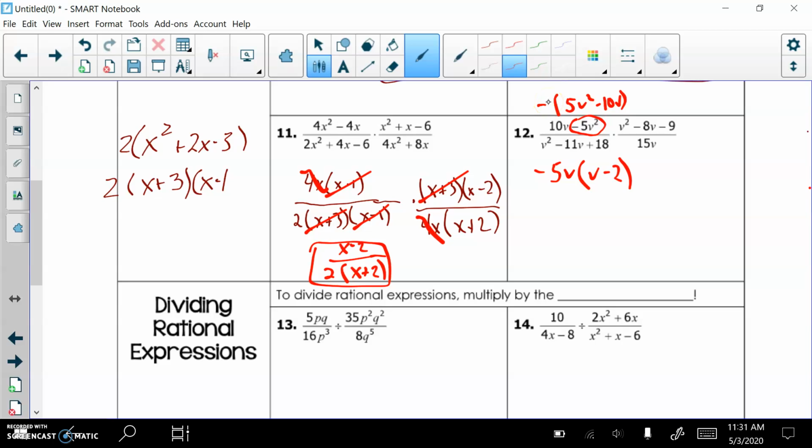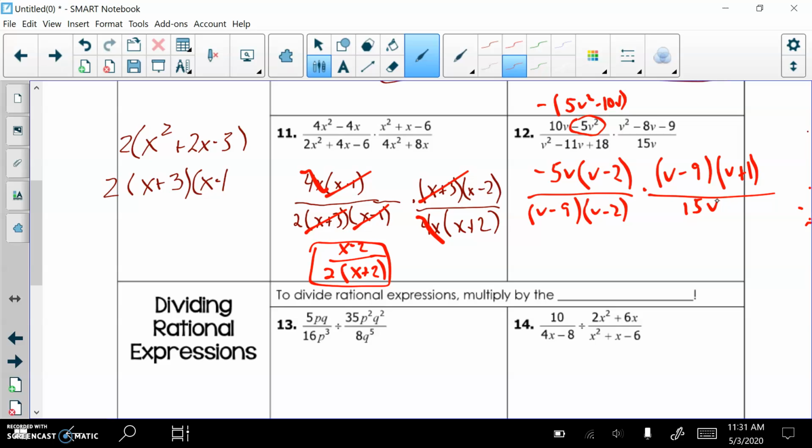In the denominator, easy. I say easy. v minus 9, v minus 2 times, that's a v minus 9 and a v plus 1, all over 15v.